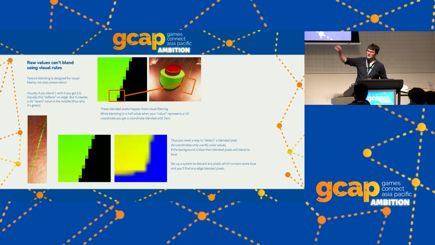And when I go into my shader, I can detect blue and say, hey, if I have blue, there's a problem. I'm blending with blue. I shouldn't be blending with blue. And that means that filtering is starting to occur, and I can say, flick it away. Don't need it. I don't want it. Or I want to do something special with it. So as soon as you do that and say, hey, if I've got blue, I don't want it, boom, you can get rid of that. And that's the way you start to think about using color as data.